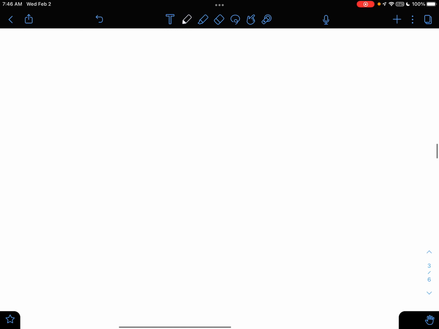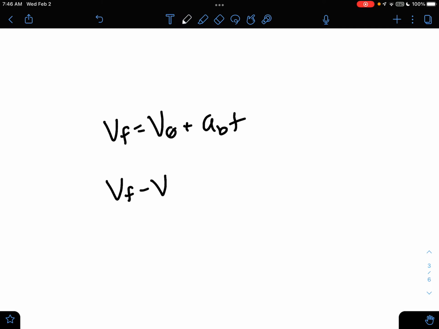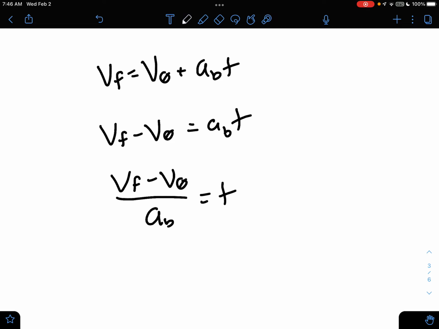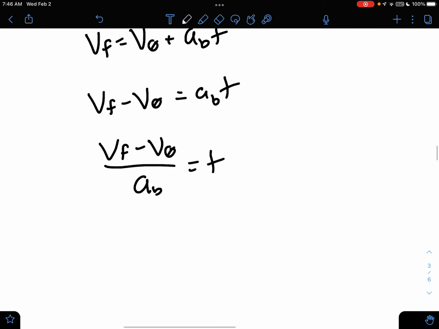We get v final equals v naught plus a t, and to make that clear as a subscript, v final minus v naught over acceleration is time. Cool. We have our time.